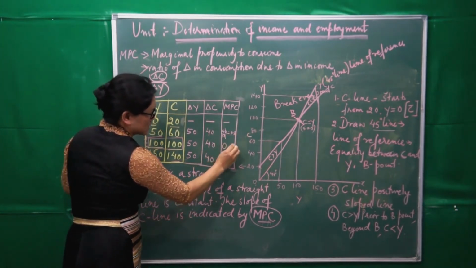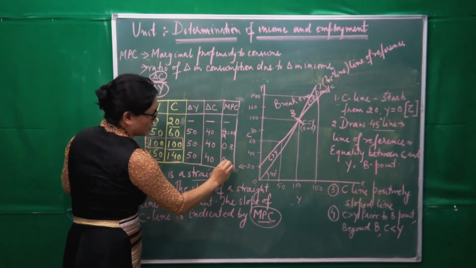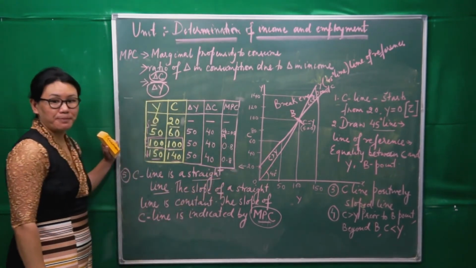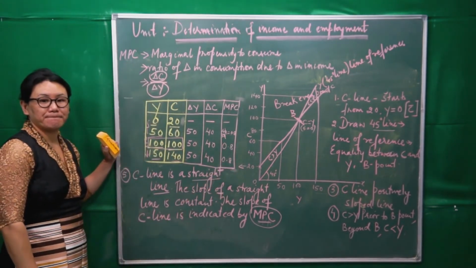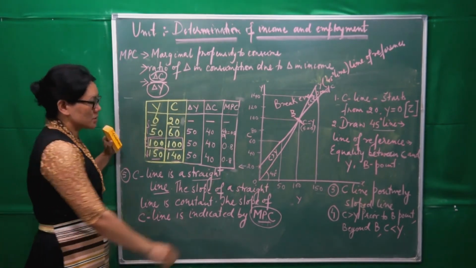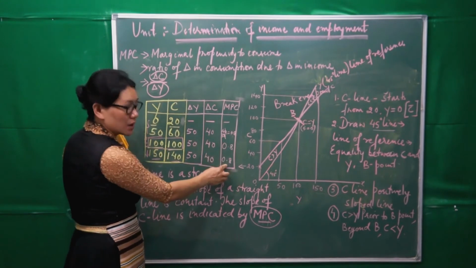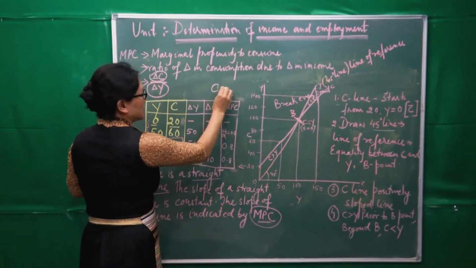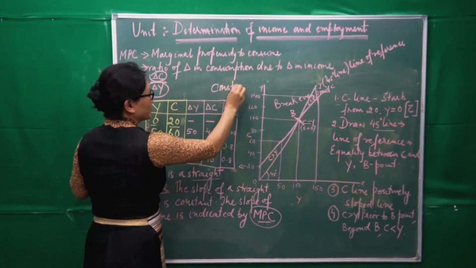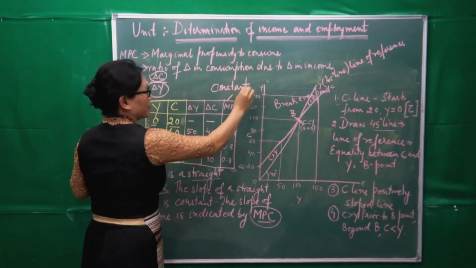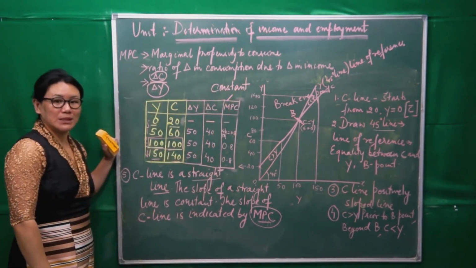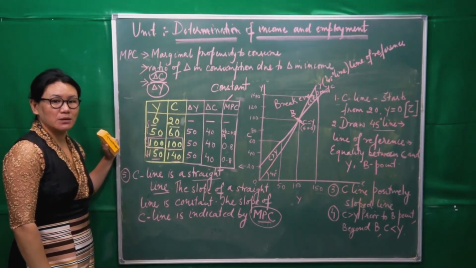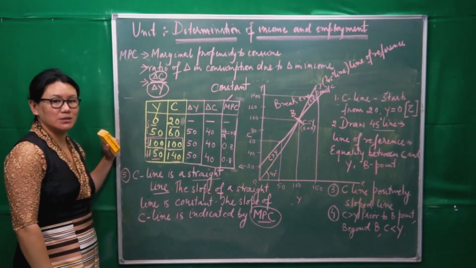Similarly, the same we will get here, 0.8. Is that clear? So what is happening to the MPC here now? 0.8, 0.8, 0.8. Is it constant here? It is constant, right? MPC is constant.